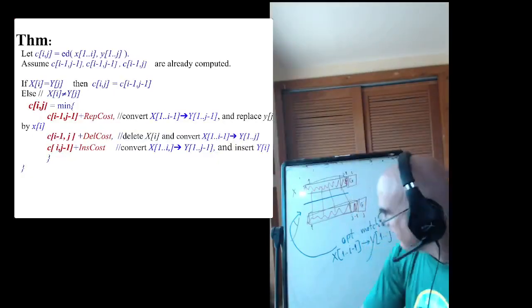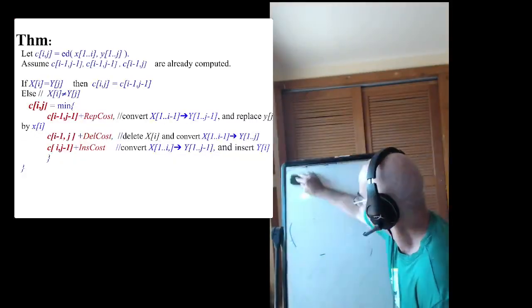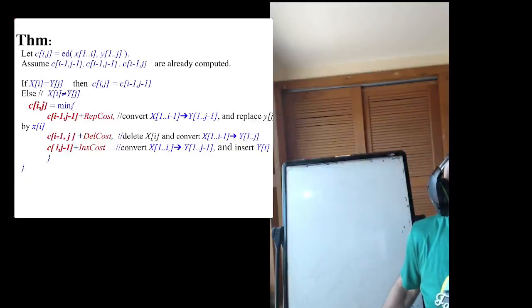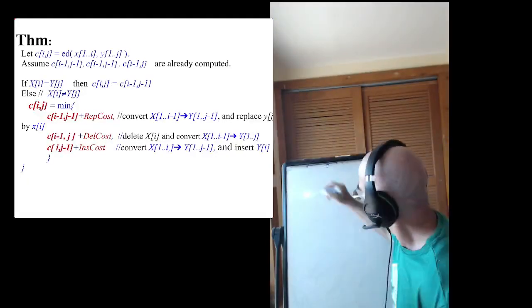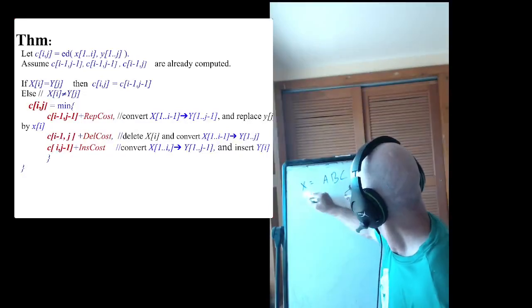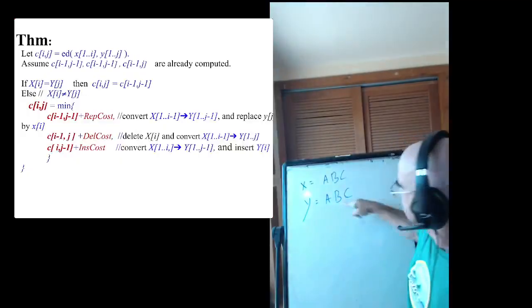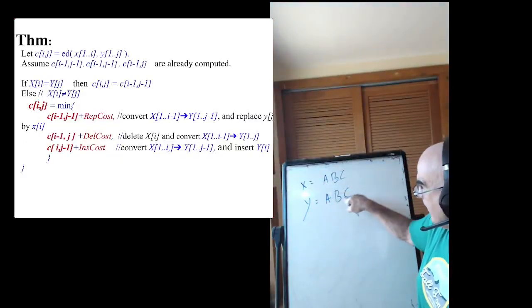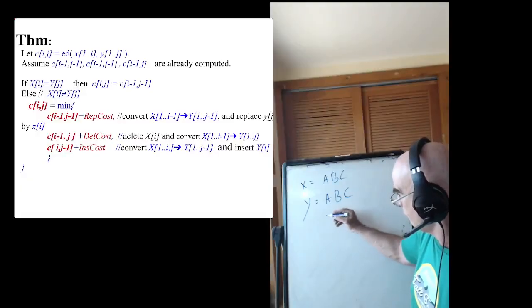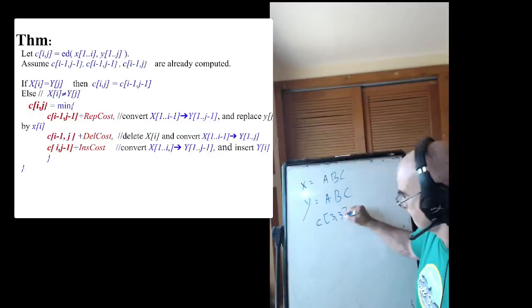Let's see a quick example. X equals ABC, Y equals ABC, and I want to know what is C of 3, 3.